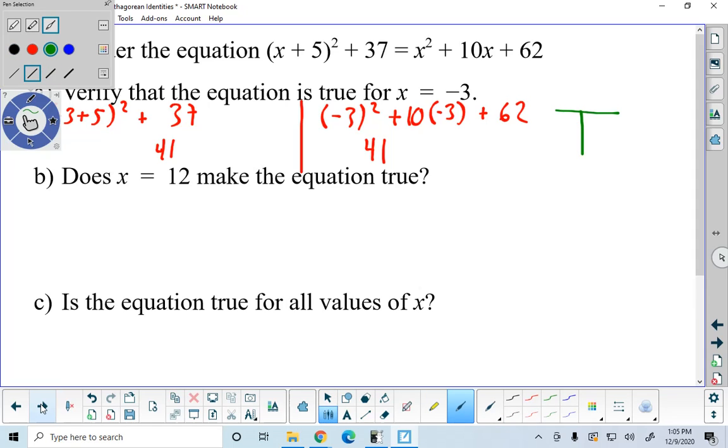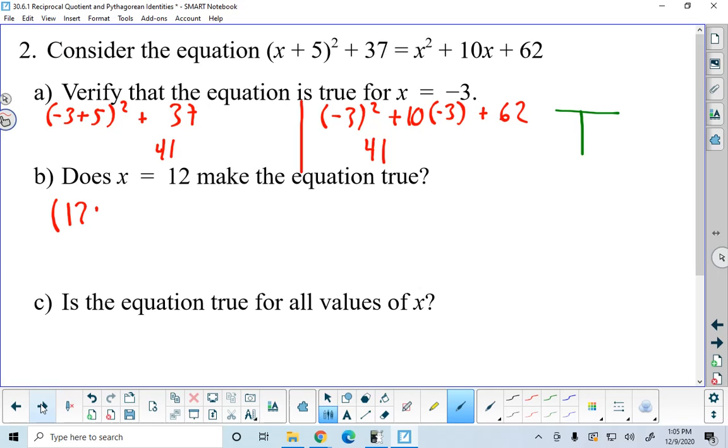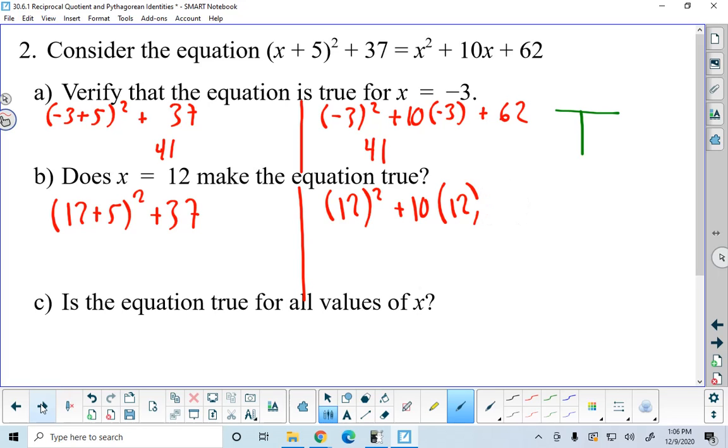What about 12? Well, let's try it. 12 plus 5, quantity squared, plus 37. 12 squared plus 10 times 12 plus 62. Aaron says 326.